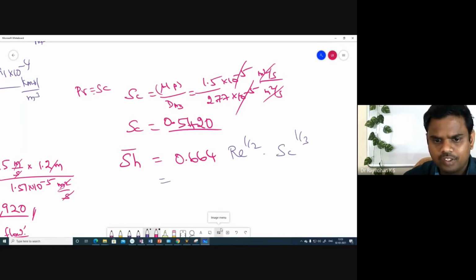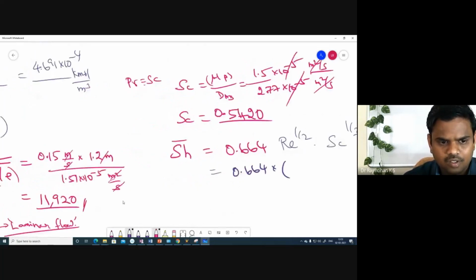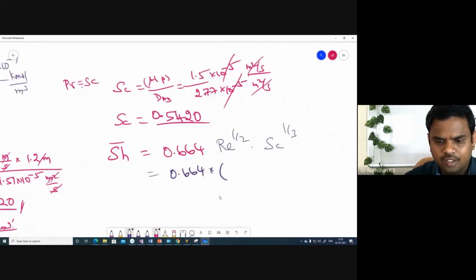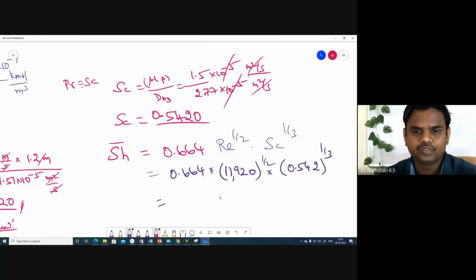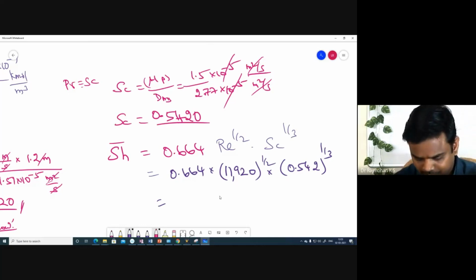Both values we have calculated. So 0.664 into the Reynolds number 11,920, power 1 by 2, into 0.542 power 1 by 3. What is the value? Please use the calculator.